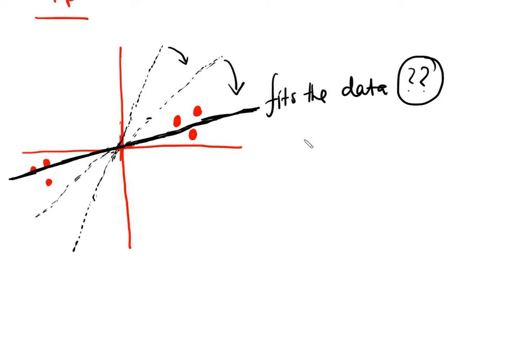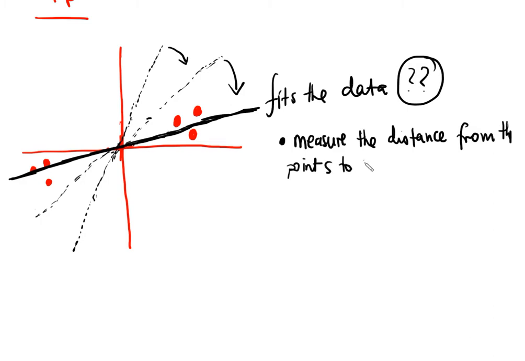Well, PCA measures this in two ways. Way number one is you can measure the distance from the points to the line, and find a line that minimizes these distances.